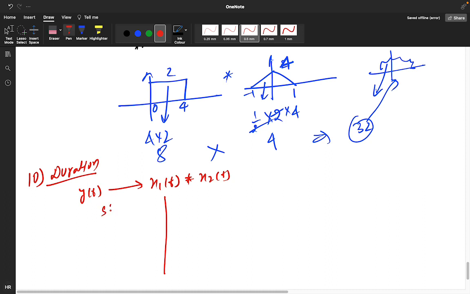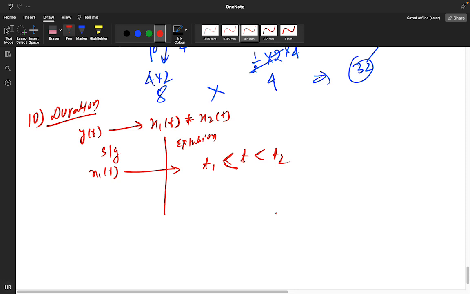For x1 of t, I am taking t1 lesser than t and t2 greater than t. For x2 of t, the same thing: t3 is lesser than t and t4 is greater than t.